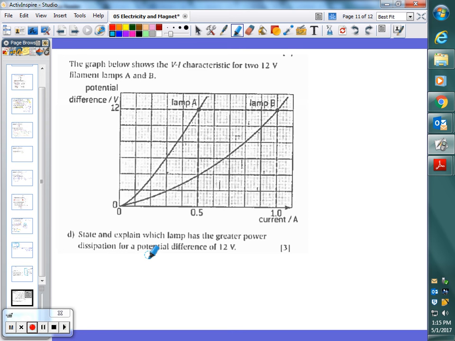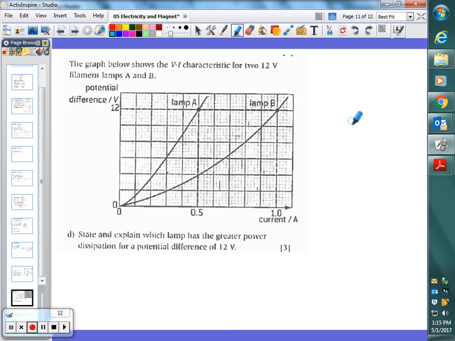So all right. It says the graph below shows the current voltage characteristics for two 12-volt filament lamps A and B. State and explain which lamp has the greater power dissipation for a potential difference of 12 volts. All right, so that's what lamps do.